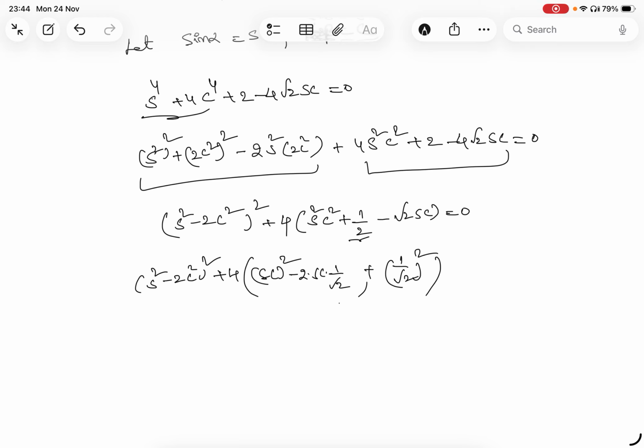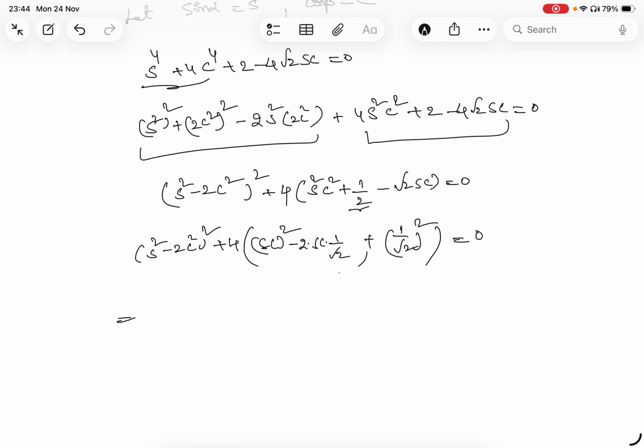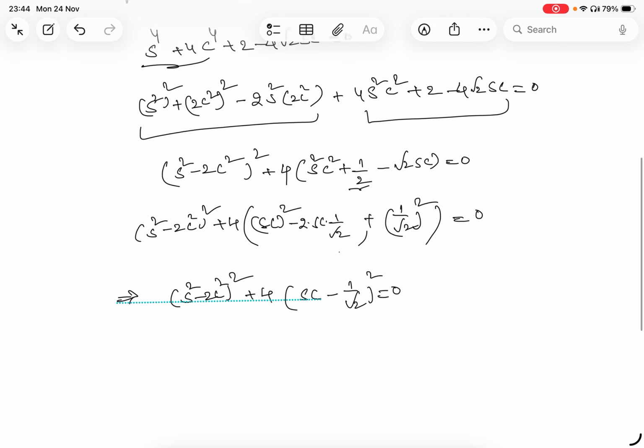As you can see, 2 by √2 is √2 SC, right? Which is equal to 0. Then this whole term is (S² − 2C²)² + 4(SC − 1/√2)² = 0.